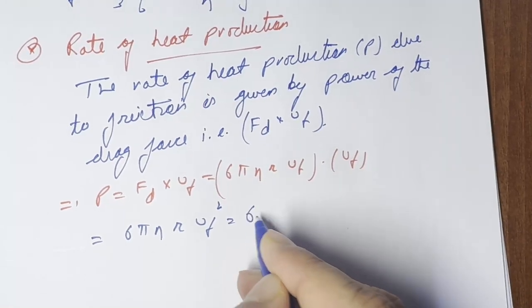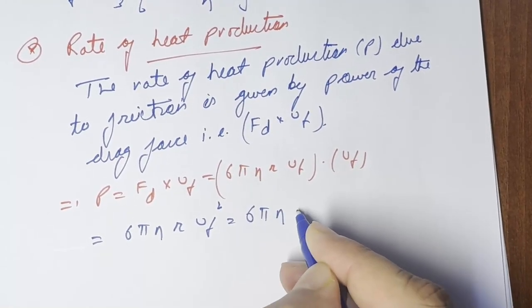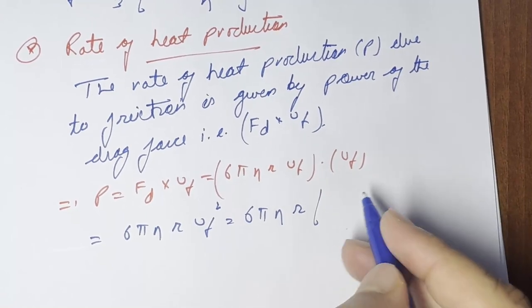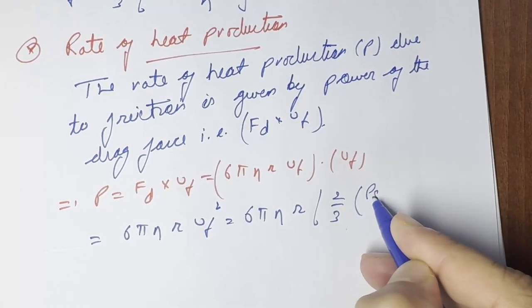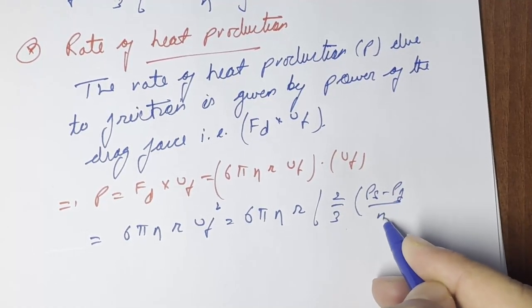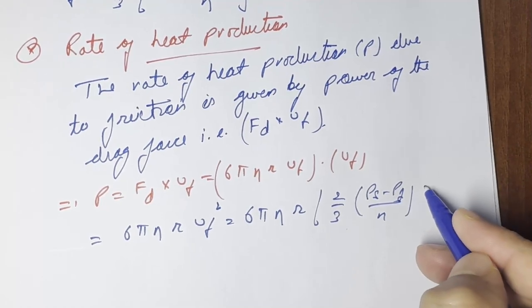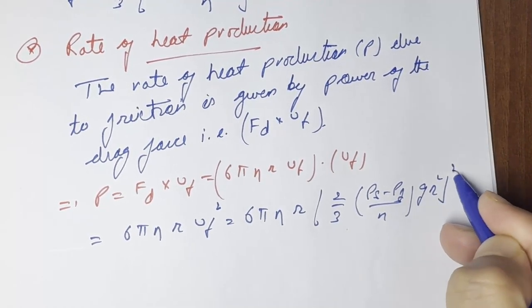So we get 6 pi nu r, and Vt was 2 by 3, rho s minus rho f upon nu, g r square, and whole square.